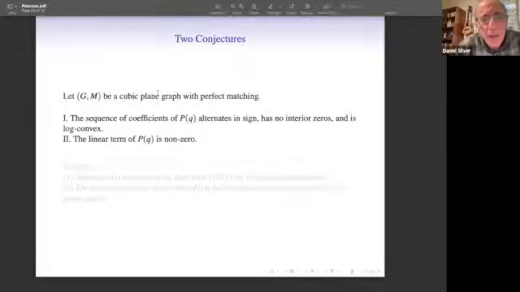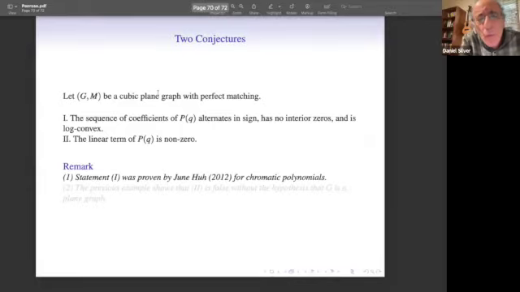All right. And a couple of remarks here. Statement 1 was actually proven by June Huh in 2012 for chromatic polynomials. I mean, it was already known that chromatic polynomials have a sign alternation. It's very easy to show, but the rest of it, the log convexity, was not clear. And this is a pretty amazing paper.